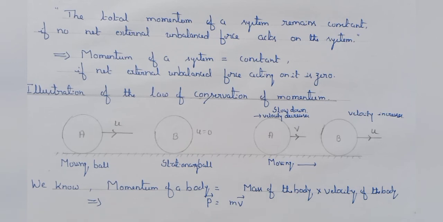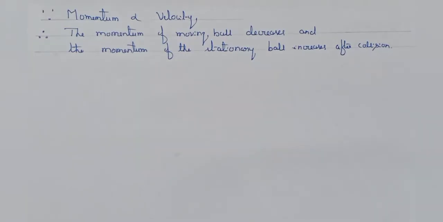Here, when the moving ball collides with a stationary ball, the velocity of the moving ball decreases and the velocity of the stationary ball increases. It means the momentum of the moving ball decreases and the momentum of the stationary ball increases. It means when two balls collide with each other, the moving ball loses momentum and the stationary ball gains momentum.